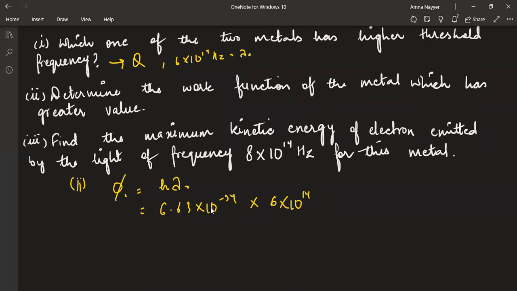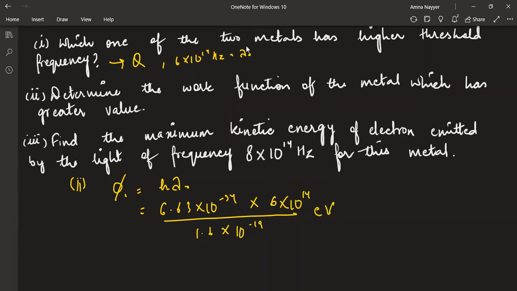So let's do one thing. This you will get as something like 39.2 into 10 to the power minus 20, around this only. That was, I think, given by Samaira, and Astha answered it in terms of joules. So it's better, let's divide it to get it in terms of electron volt, dividing by 1.6 into 10 to the power minus 19.